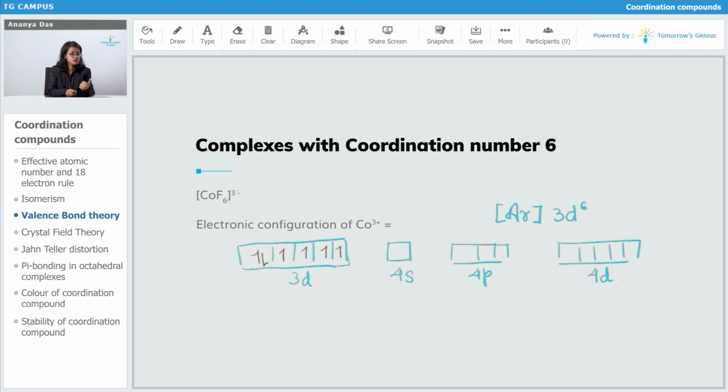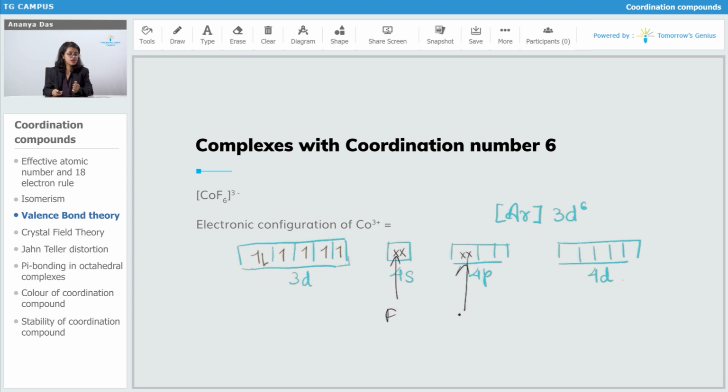So the orbitals which contain the lone pairs of the fluorine atoms are going to overlap with the empty orbitals 4s, 4p and 4d. So that's one fluorine ligand.